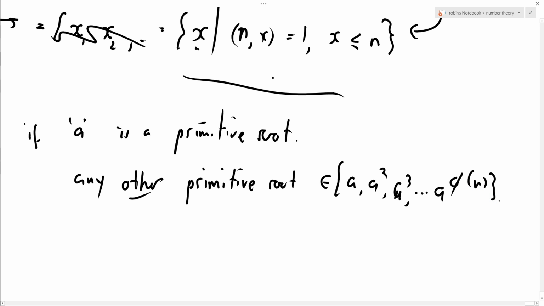So if a is a primitive root, any other primitive root is going to be part of this set. Of course, there's a itself, but there might be another primitive root in here as well.